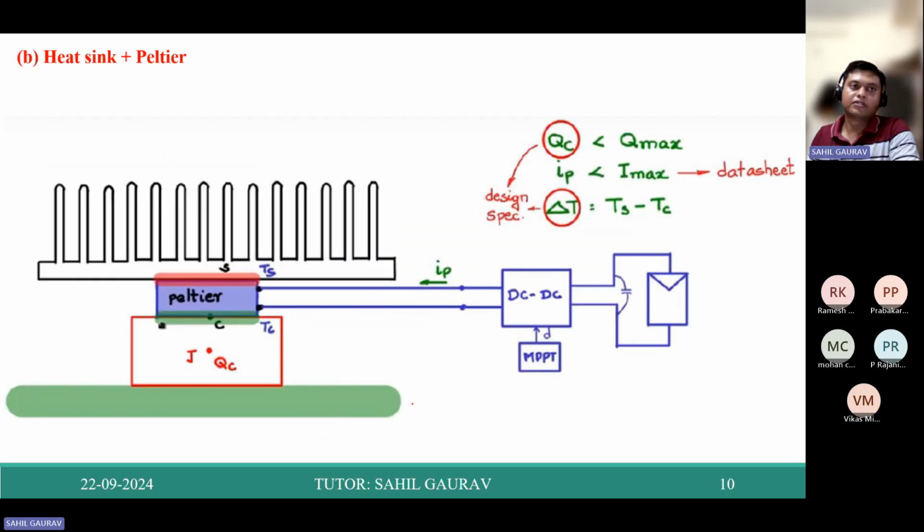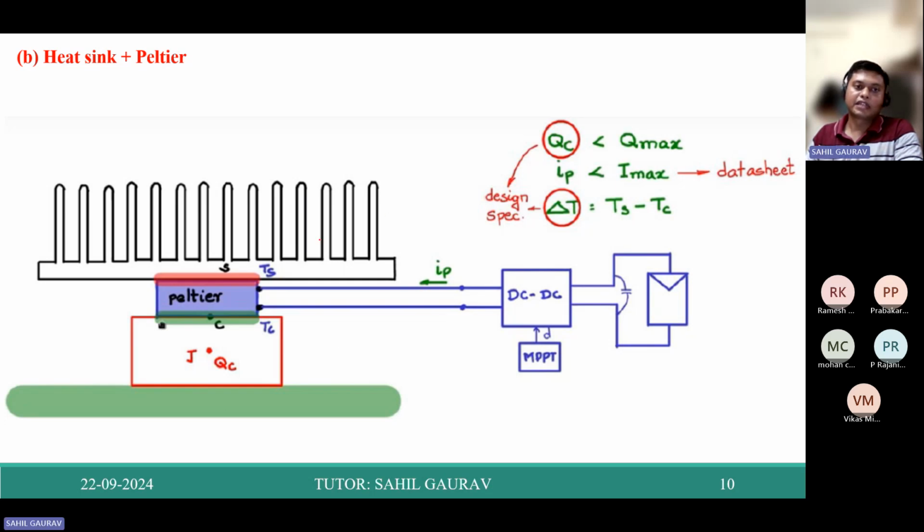Now coming to the next part. Now we have this Peltier element along with the heat sink. Before installing your Peltier element, you have to specify whether it is within the data sheet limits according to your requirement.